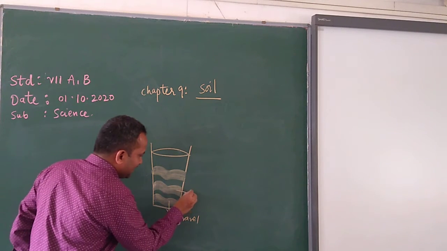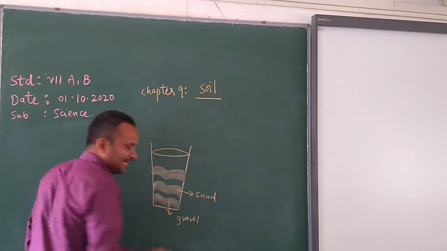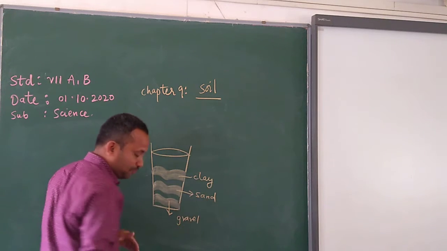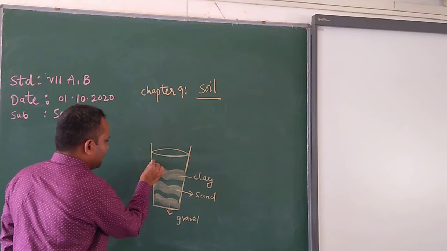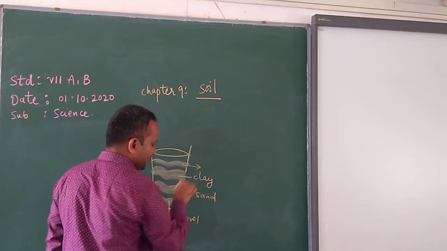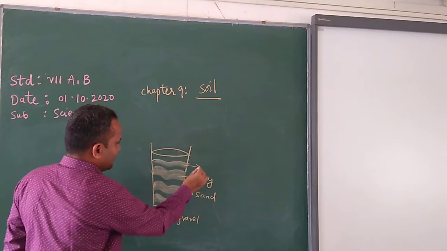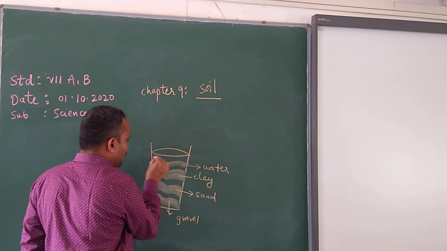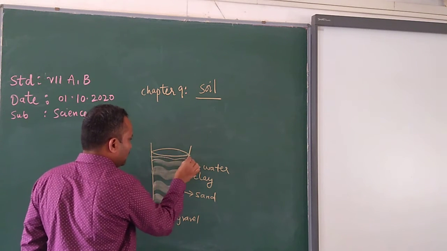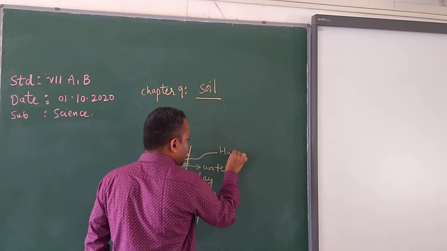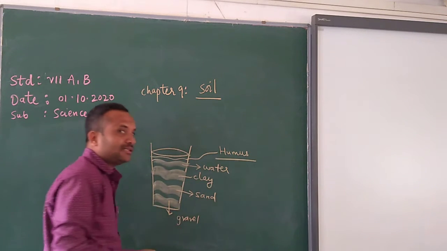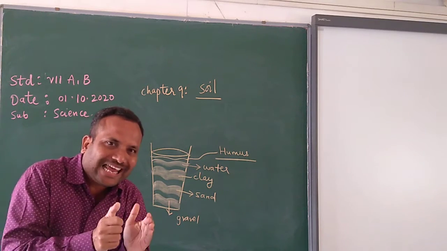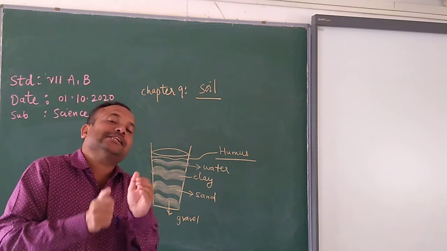In the middle layer, sand gets deposited. One more layer, clay gets deposited, and then water. And one more layer, children, we can find humus, which is dead and decaying organic matter present in the soil.